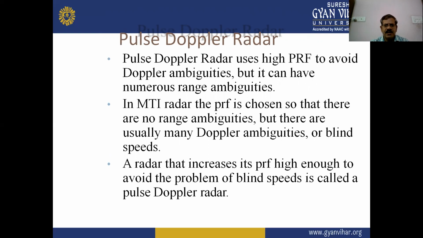In MTI radar, the PRF is chosen so that there are no range ambiguities, but there are usually many Doppler ambiguities, or blind speeds. A radar that increases its PRF high enough to avoid the problem of blind speed is called a pulse Doppler radar.